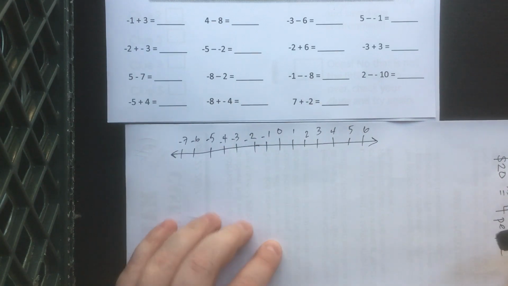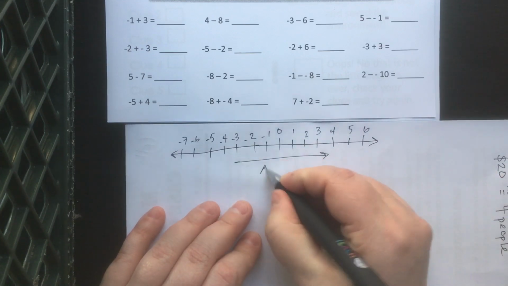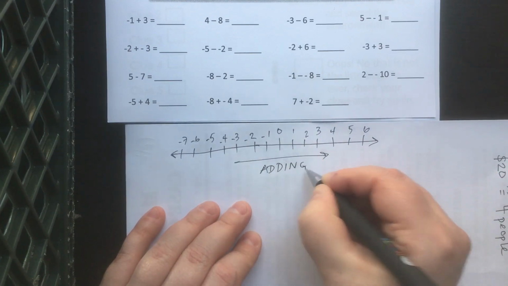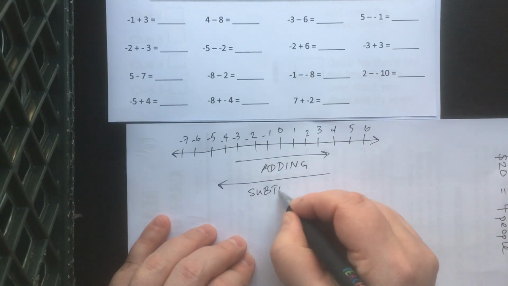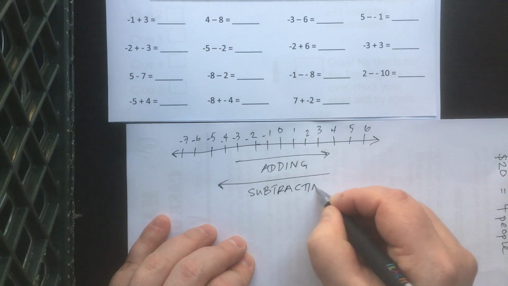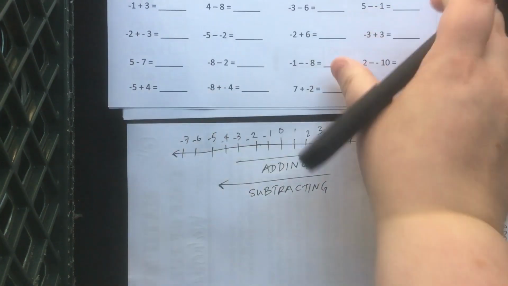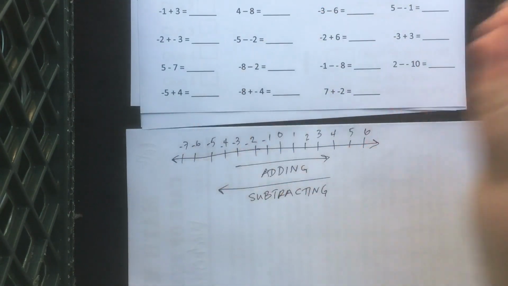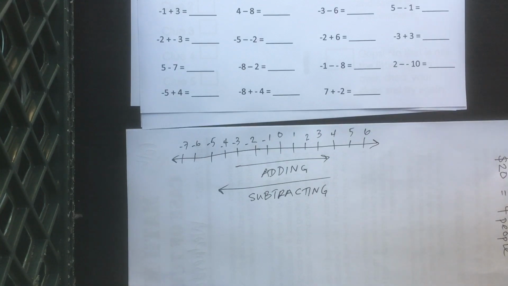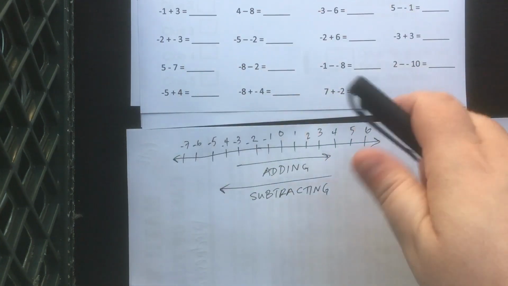So make yourself a number line and make sure that you remember if we go to the right, we are adding. And if we go to the left, we are subtracting. All right, so if I start here, let's make sure we say complete the questions below, and then look for the answers in the box.